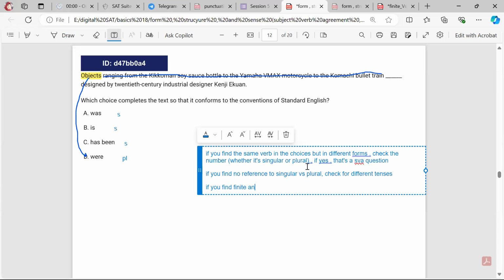If you find finite and non-finite forms, check for the main verbs and subjects, okay?